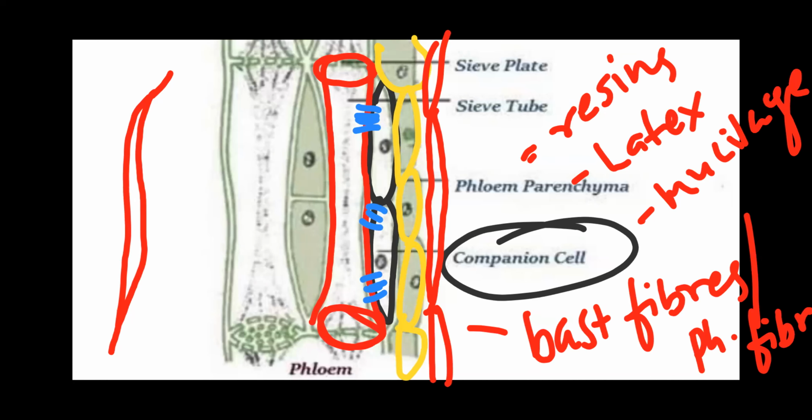Again, phloem fibers are present in secondary phloem, not in primary phloem. आपको पता है ना, जब primary growth होता है उस टाइम पे जो भी tissues होती हैं उसको primary tissue कहते हैं. So जब plant maturity की ओर जाता है तब तक primary growth के period में जितना भी phloem form होता है उसको primary phloem कहते हैं.